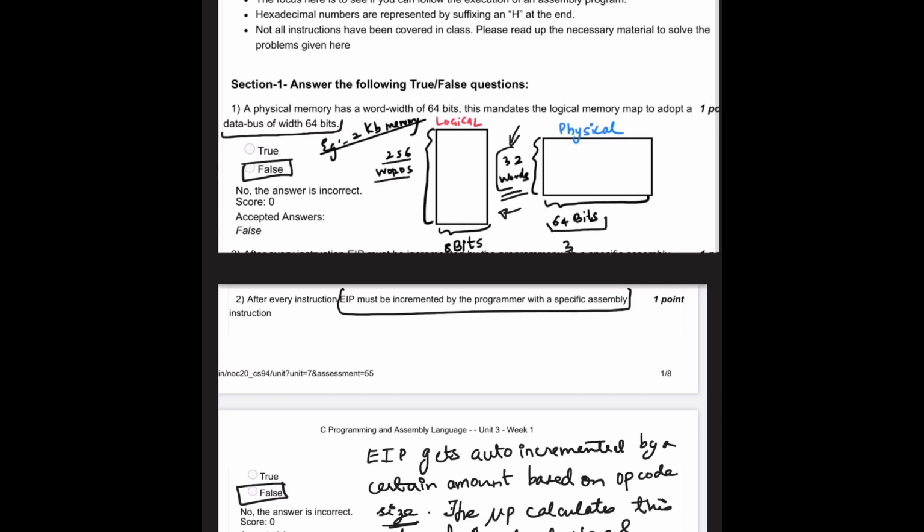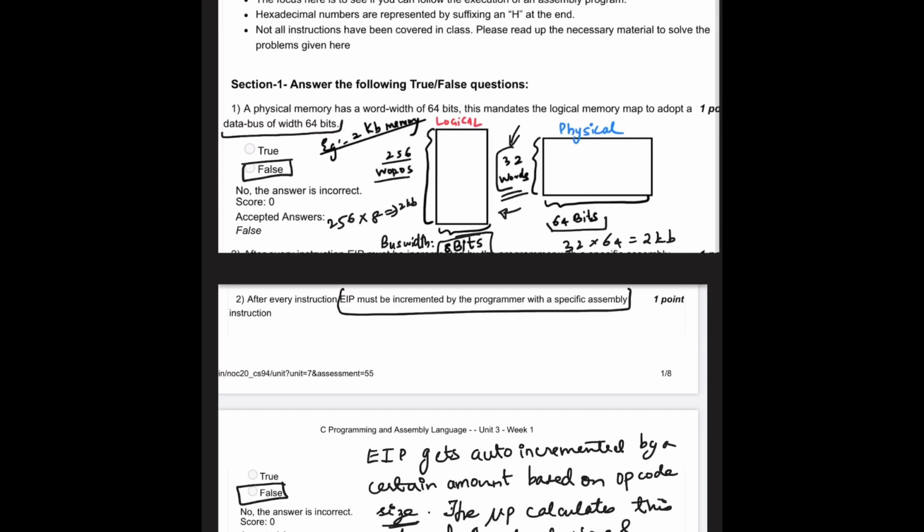So 32 into 64 will give you 2 KB, right? So now let's say the logical memory map for that is 8 bits, a bus width of 8 with 256 words. So 256 into 8 gives you 2 KB.